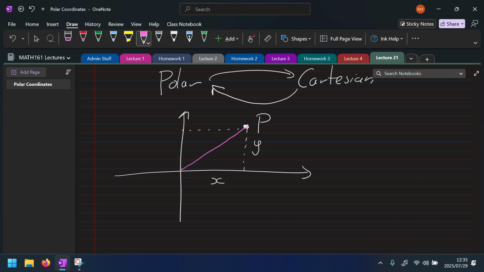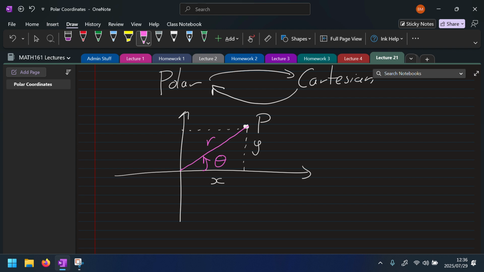From the origin to the point P, that's the radius, r. Cartesian is in the white, polar is in the pink. Now we also need the angle from the horizontal going counterclockwise. From the horizontal to that radial line, that angle is going to be theta.